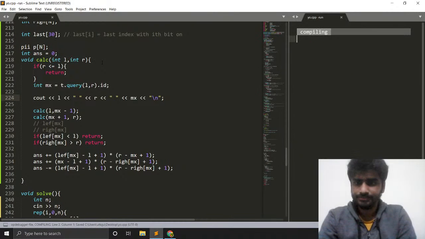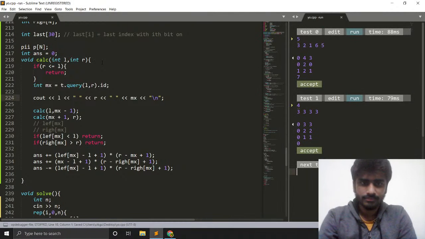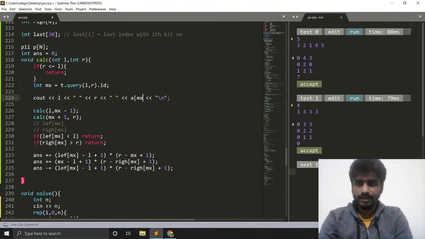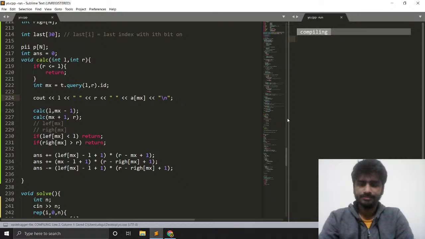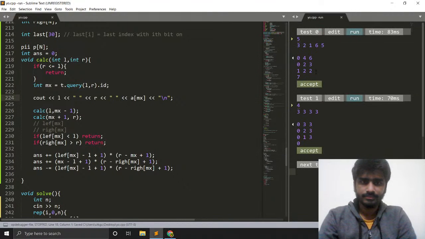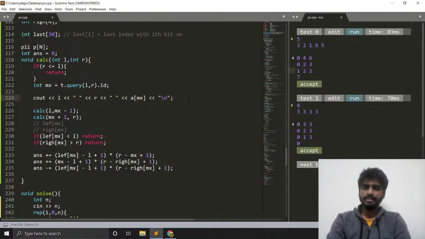Okay, the range. Wait a minute. Why don't I just print A of max? So in the whole range, 6 is the maximum. Then from 0 to 2, 3 is the maximum. And then from 1 to 2, 2 is the maximum. Okay, yes, this is also working correctly.